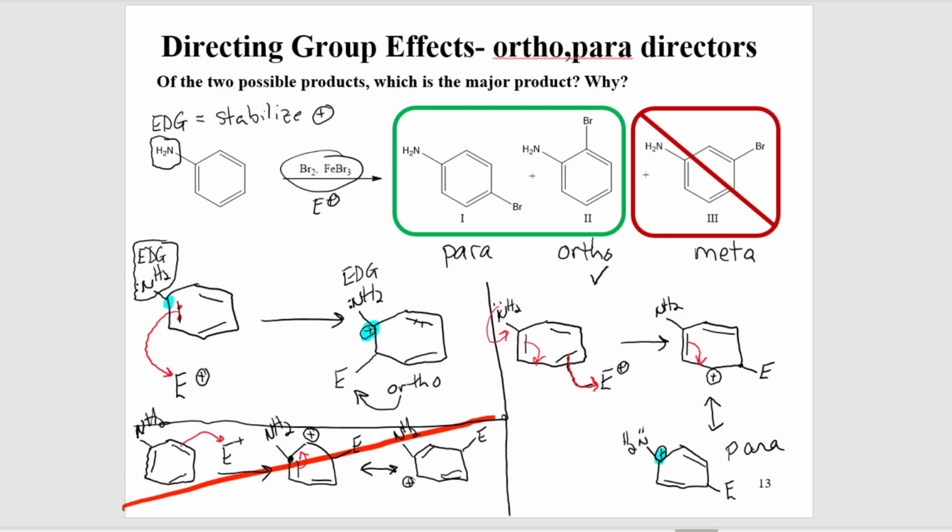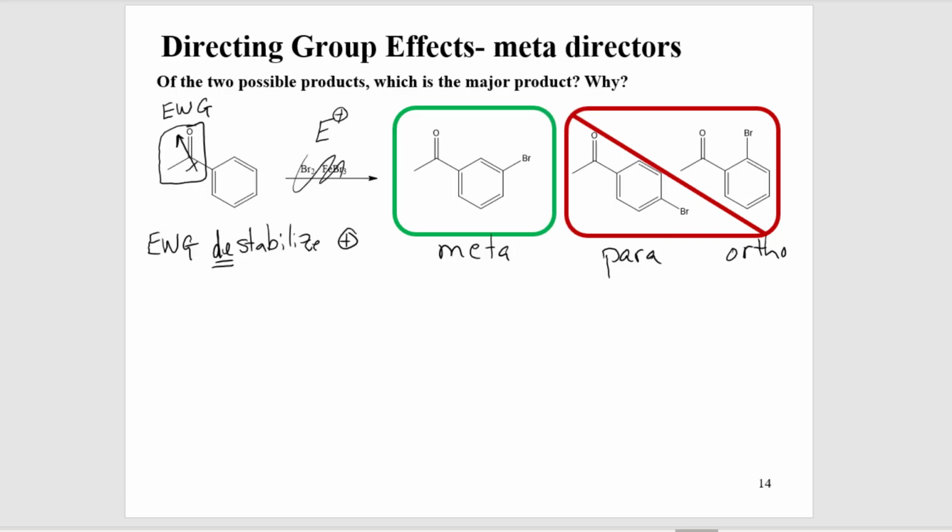Withdrawing groups, we would like to keep the carbocation away from the foot of the withdrawing group. We've already kind of proven this in the last set of slides. If I place the incoming electrophile in the meta position, it's all about that first step.